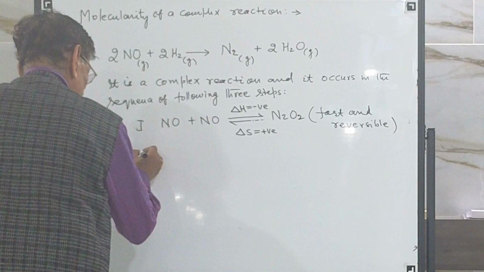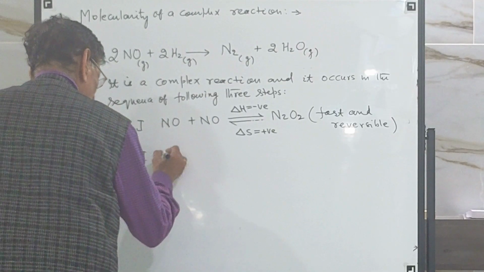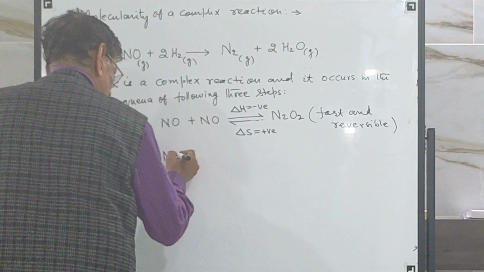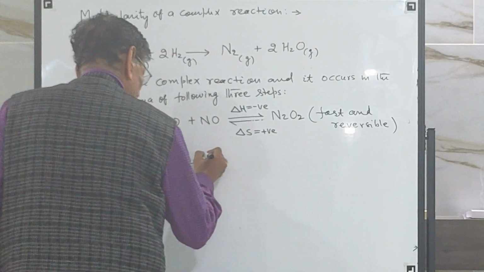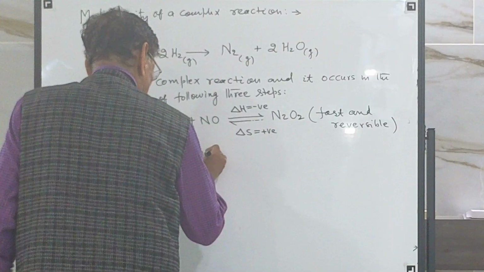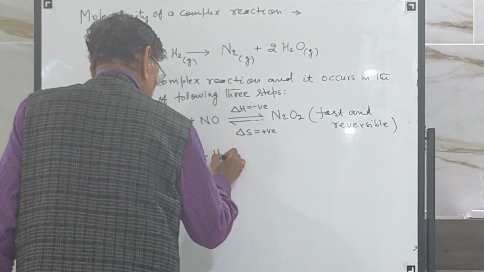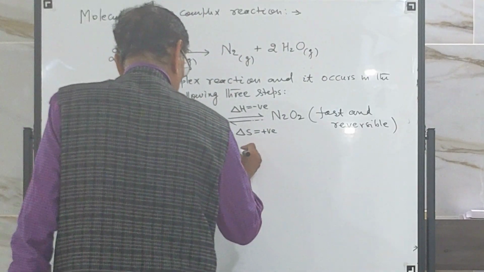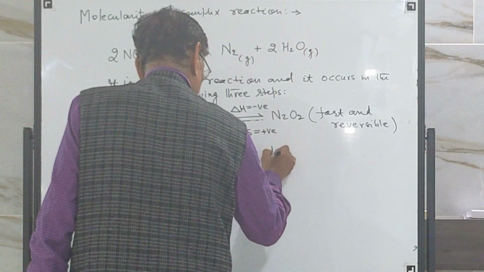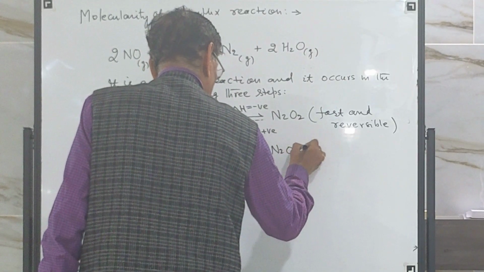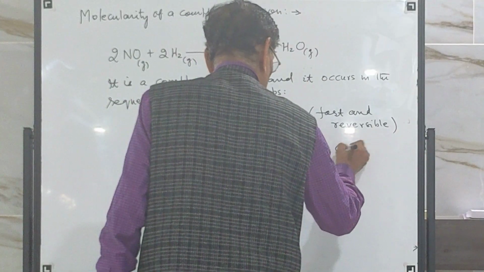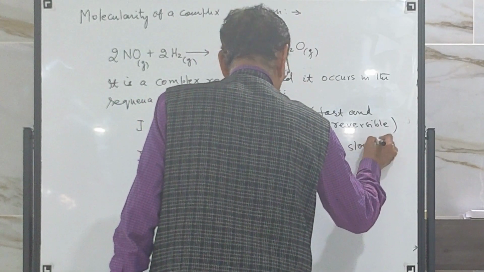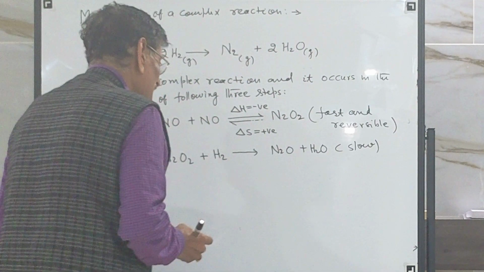Now, second, this N2O2 molecule collides with one molecule of hydrogen to form N2O plus H2O. This reaction is a slow reaction. Why is this reaction slow?